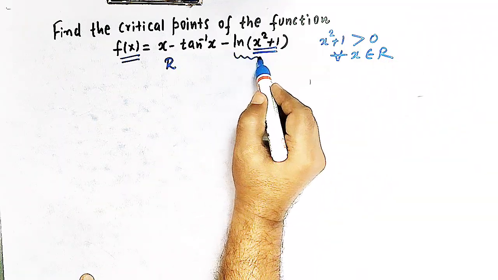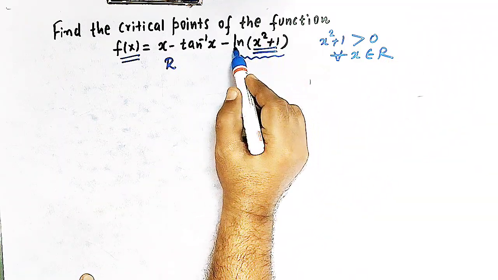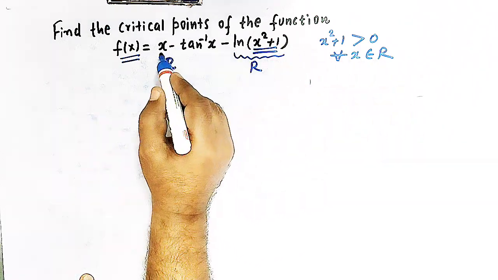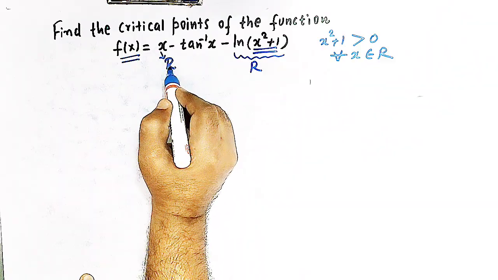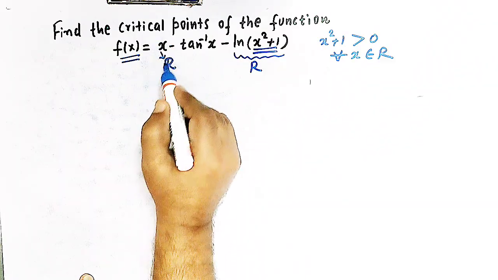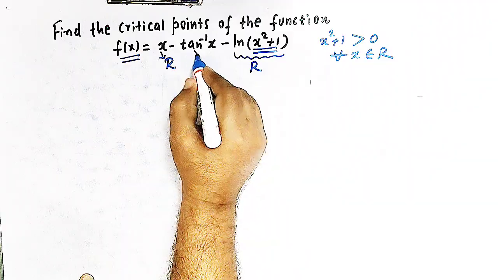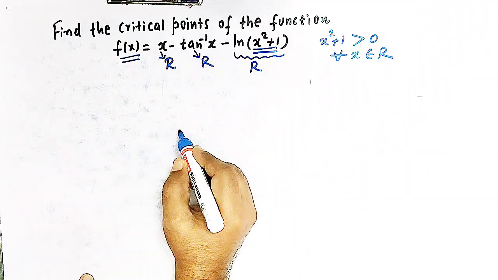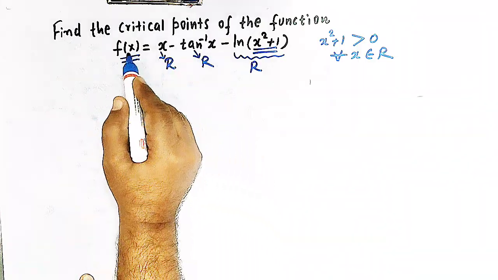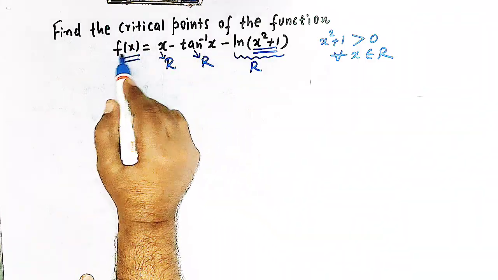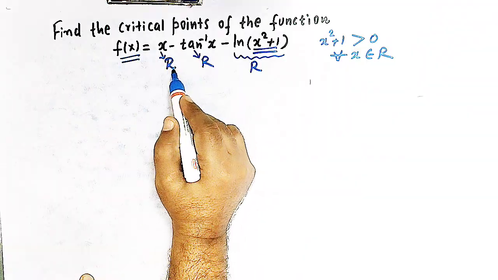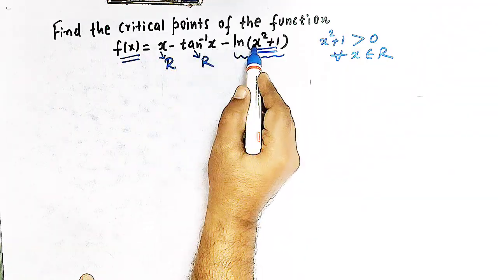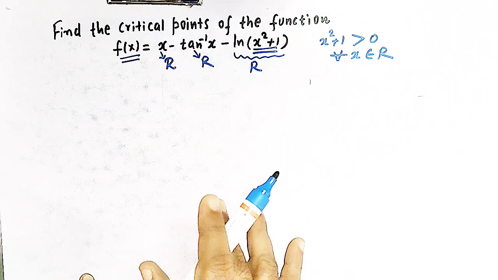So the domain of this function is also equal to the set of real numbers, and the domain of x, the polynomial function, is the set of real numbers, and the domain of tan inverse x is also the set of real numbers, right? So the combined domain, that is the domain of f of x, is the intersection of the domains of these three individual functions, right?